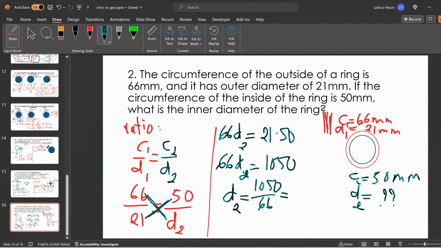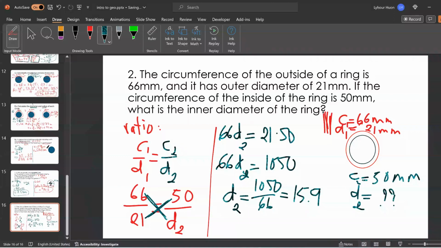Okay, 15.90. Do you have anything? Is it millimeters? Yes, millimeters, I think it's 90. The answer will be 15.909, right? Yeah.